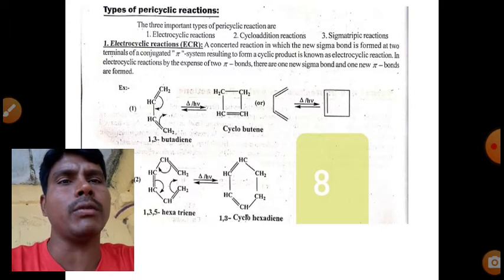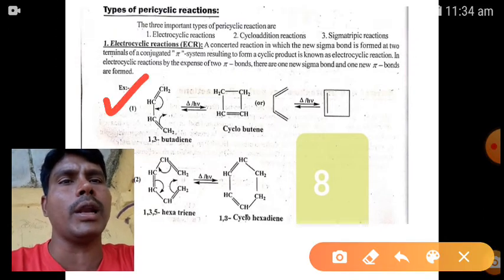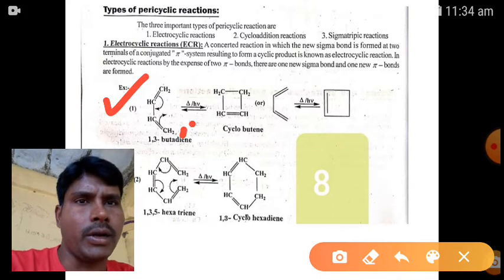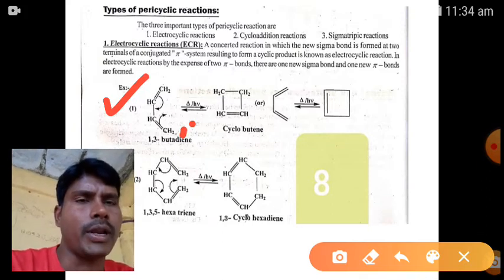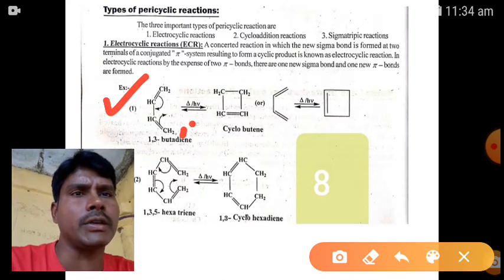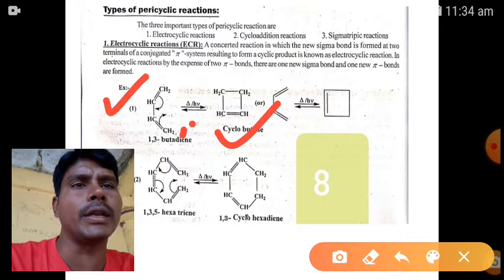You can take 1,3-butadiene as the best example, a 4n pi system with 4 pi electrons. With delta or h nu, these are dual reactions, forward and backward reactions take place. In the presence of light or photolytic condition, we get cyclobutene.